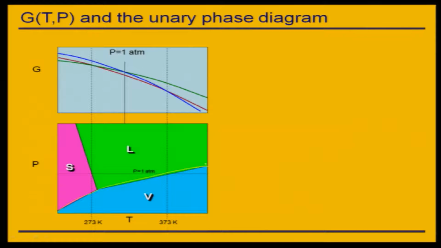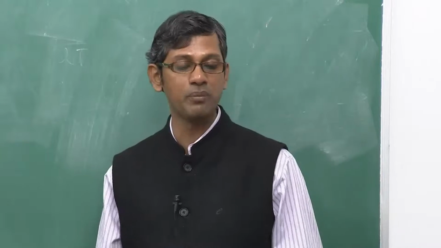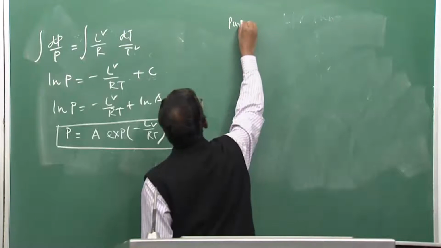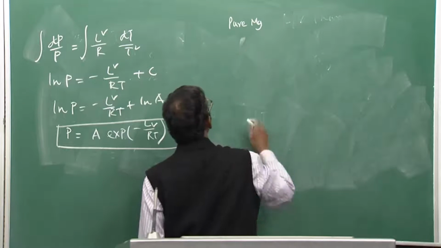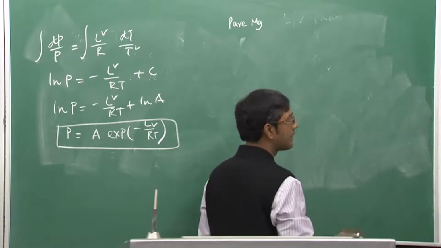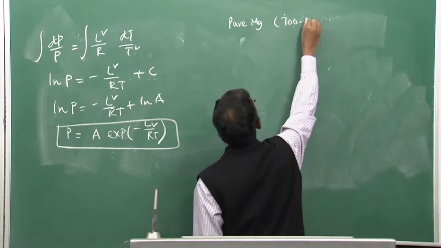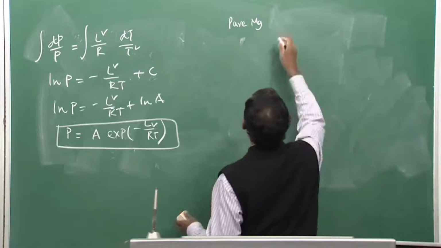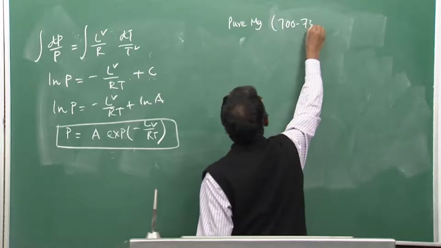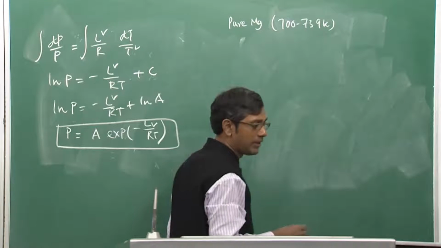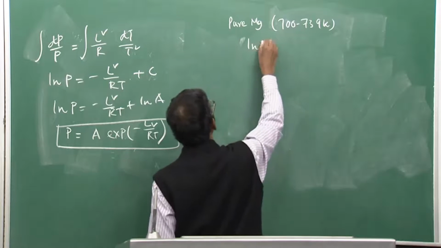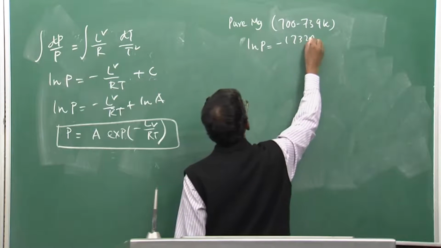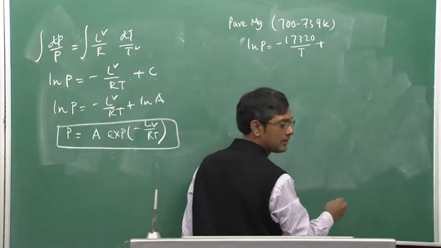Let us suppose the problem is like this: the vapor pressure of pure magnesium in the temperature range of 700 to 739 Kelvin is satisfied by this expression: log of P is equal to minus 17,320 divided by temperature plus 19.78.